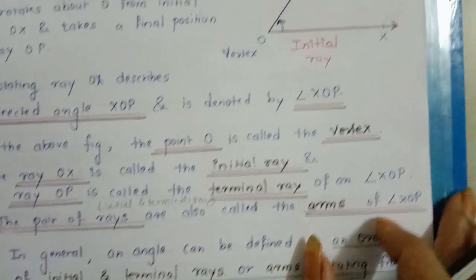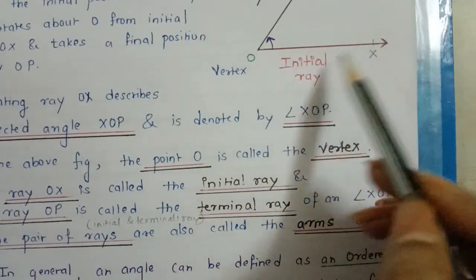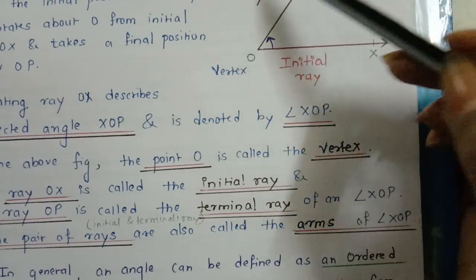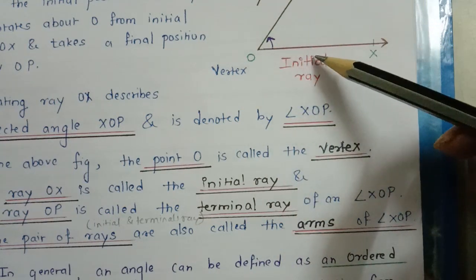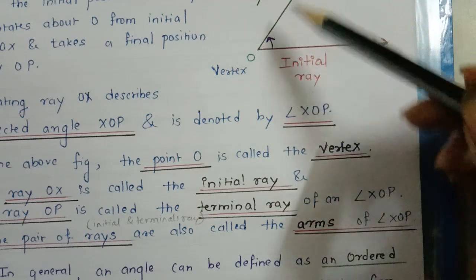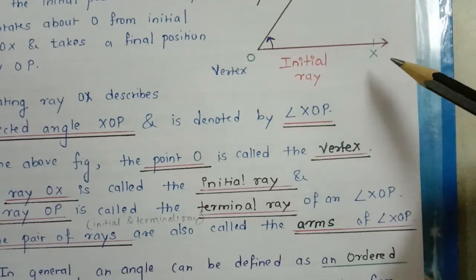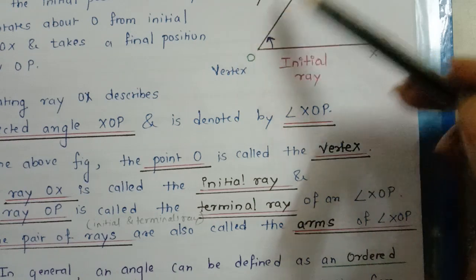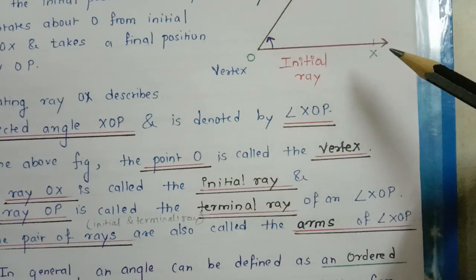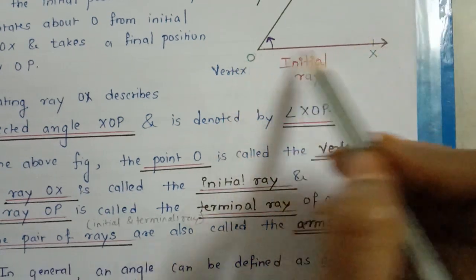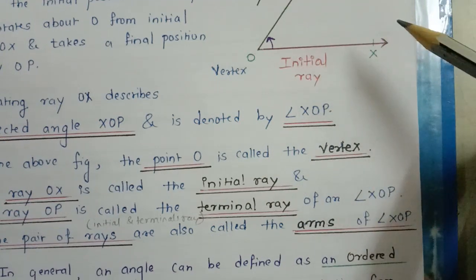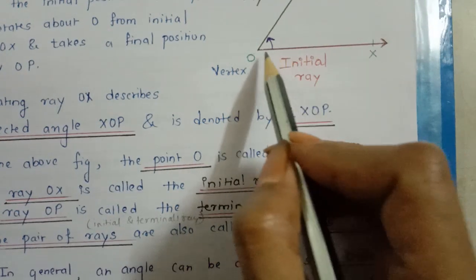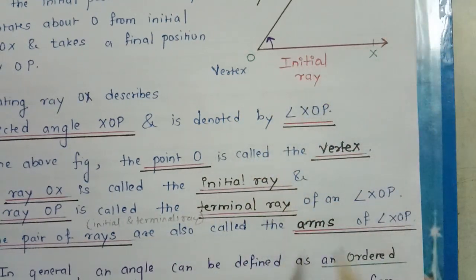As you can see in this diagram, ray OX, the initial one, and OP, the terminal ray, are the pair of rays making the arms of angle XOP. In short, ray OX and ray OP are the arms of angle XOP.